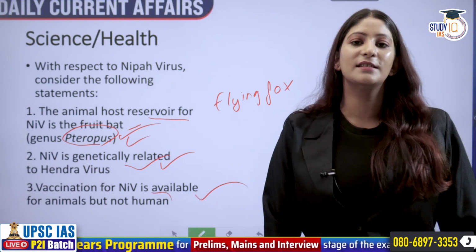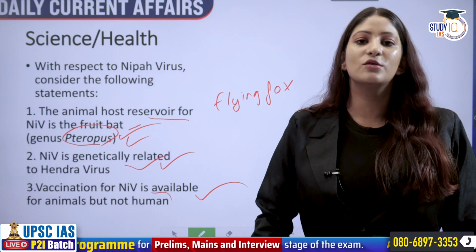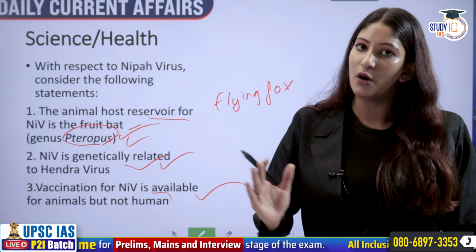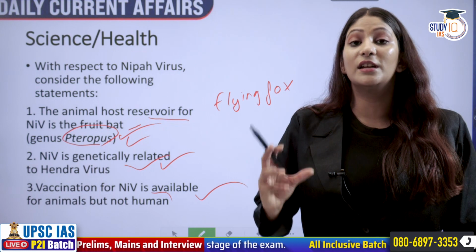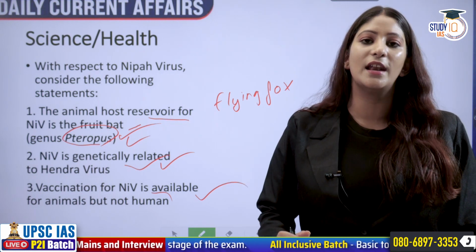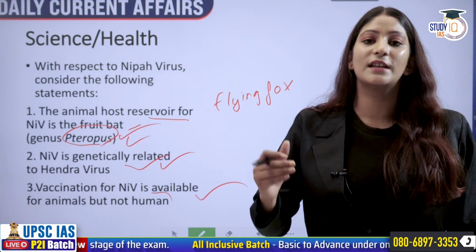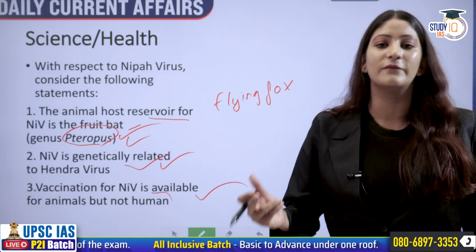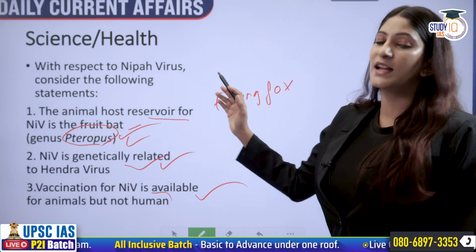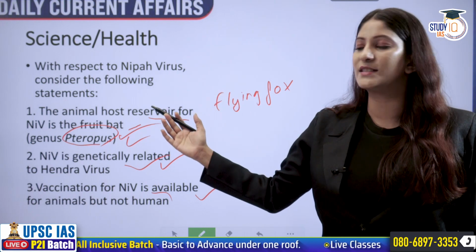Vaccination for Nipah virus or any medicine is not available for either humans or animals. That is why we hear about culling of the animals in order to secure other animals from getting infected, right? So it has a lot of economic ramifications as well.